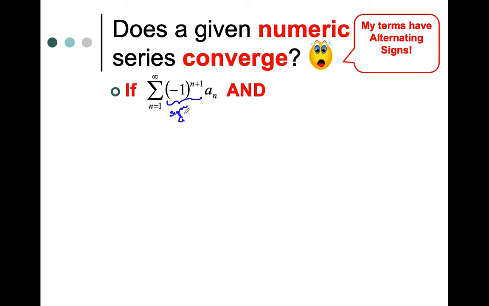Do you have some kind of sign alternator? And then this is some other expression for your terms. If this expression for your terms gives you all positive terms, and the only reason your signs alternate is because you have a sign alternator, that's what this next statement says.